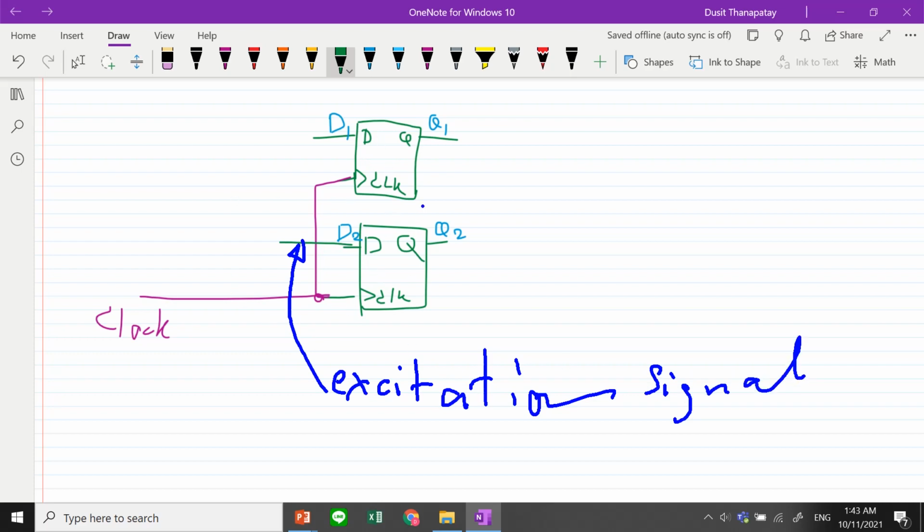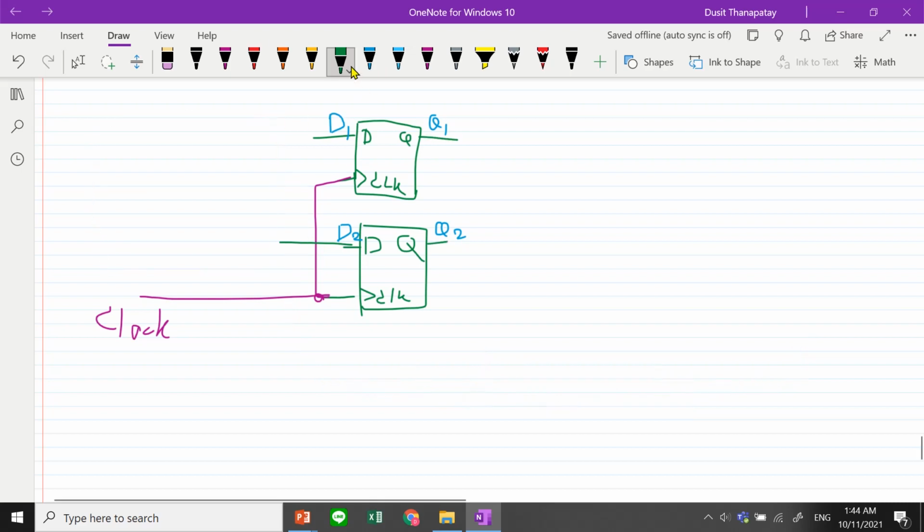And when the clock ticks, the output of the flip-flop will be based on the input of the flip-flop. Where does this excitation signal come from? It comes from more circuitry that connects to this one.